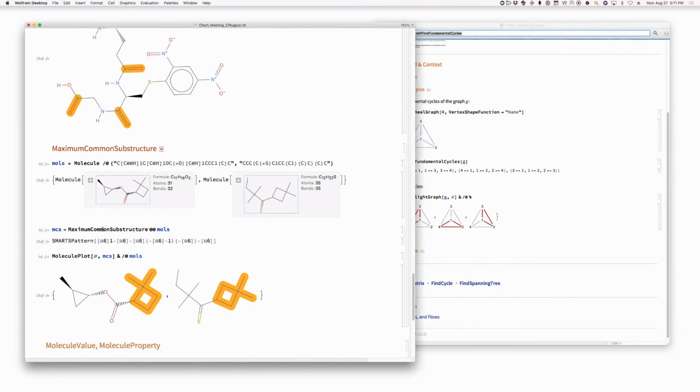Okay, this maximum common substructure. It's a name that has some traction in the community, but it doesn't say anything about chemistry in the name. By the way, should it be max common substructure?